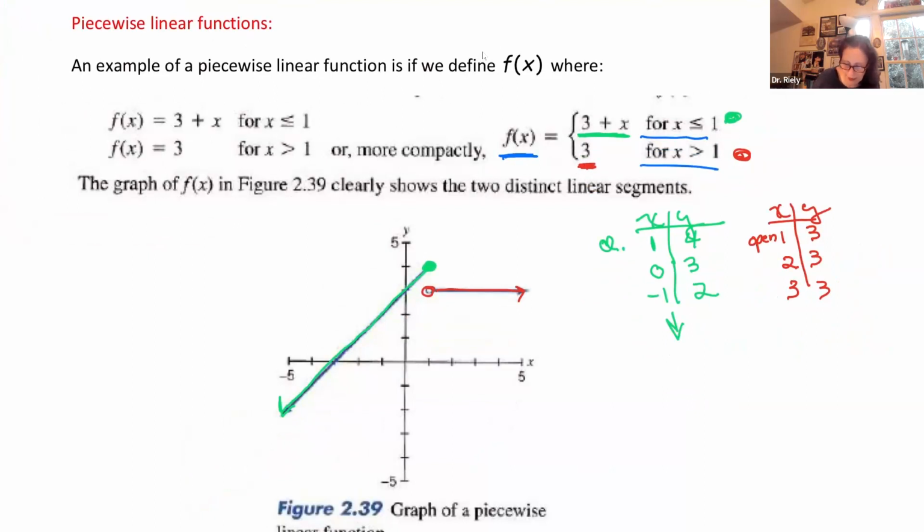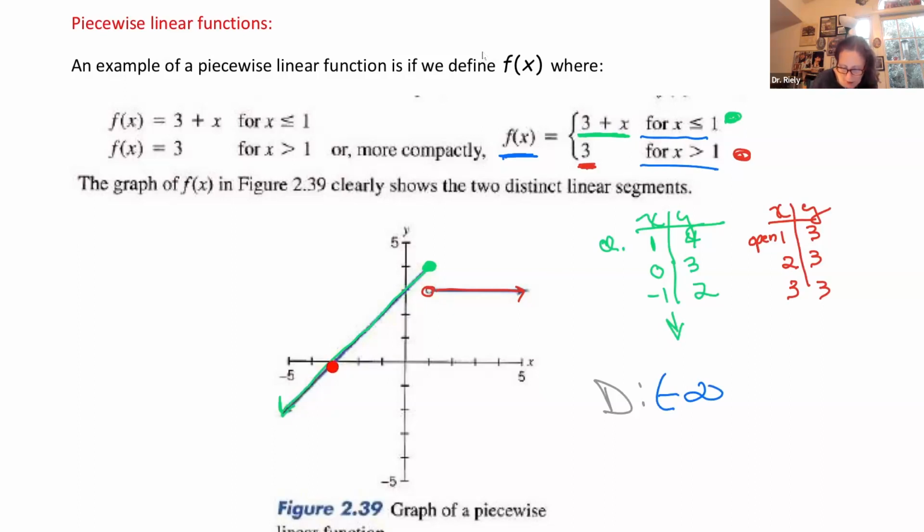So the domain, and I'll change color so you don't think it's related to any of the functions I've done. It's independent. So the domain, I'm going to turn on my little flashlight here. You hop on the lowest X you can hop on, and that's going to be down here. So I hop on this X, and that means I'm going to start at negative infinity, because I can keep going to the left as far as I want to. So I start my domain at negative infinity. Then what happens next?